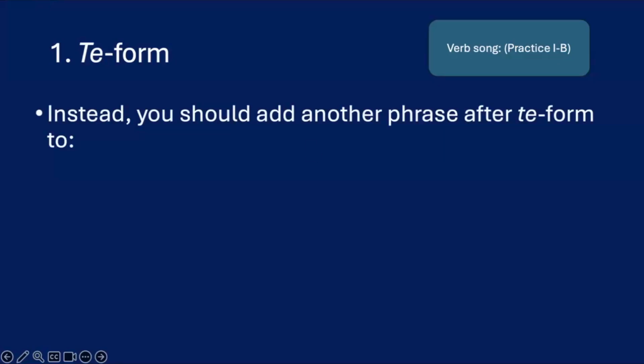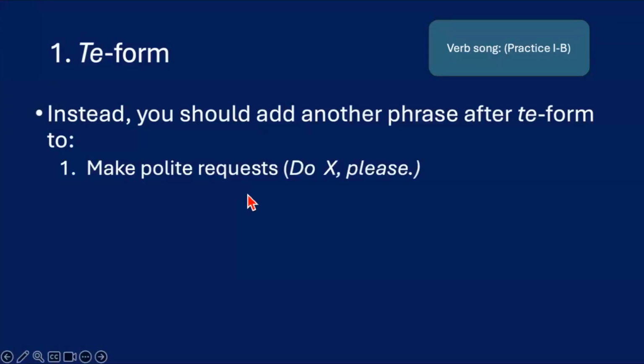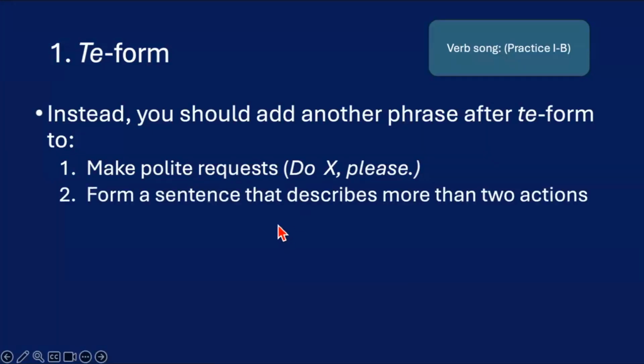So don't use te form by itself. Instead, you should add another phrase after te form to make polite requests, like please sit down, something like that. Also, the second expression you can use te form with is to form a sentence that describes more than two actions.